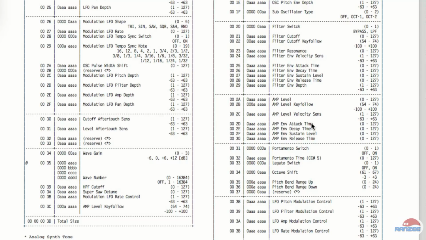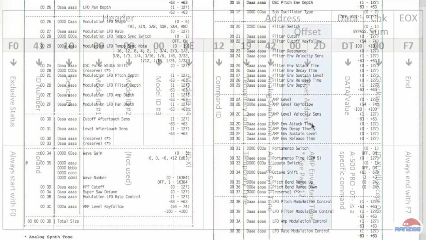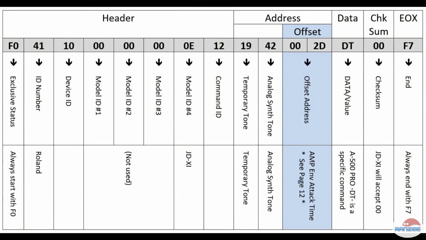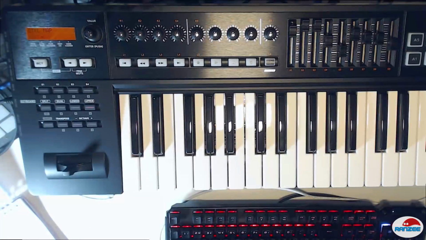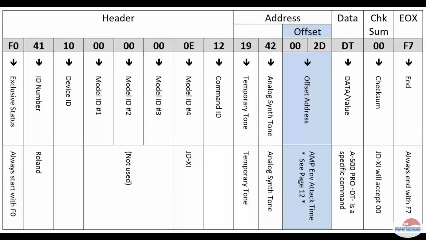Now with a SYSEX message, we can either supply a static value or a variable value depending on the type of device and how that device works. In our case, we've got a MIDI controller, and the MIDI controller has knobs and sliders. As a slider moves, the value changes. So what this DT means is that it's a command, and it's only specific to this Roland A-500 Pro.